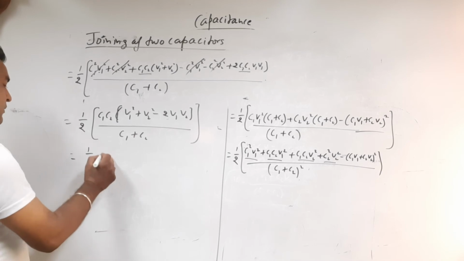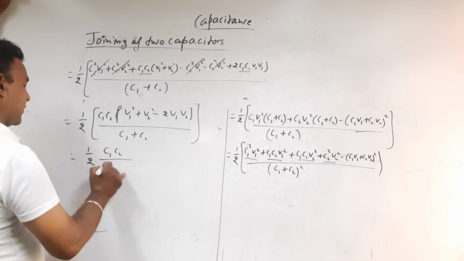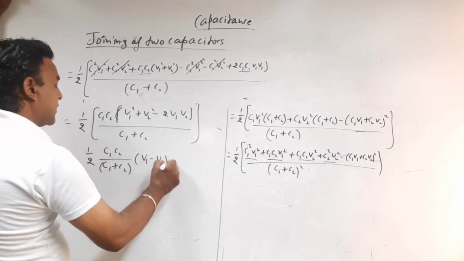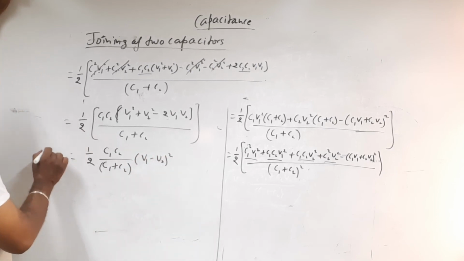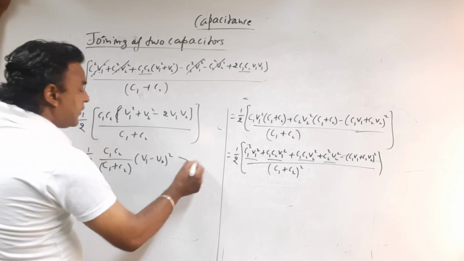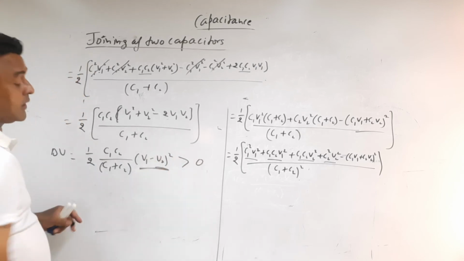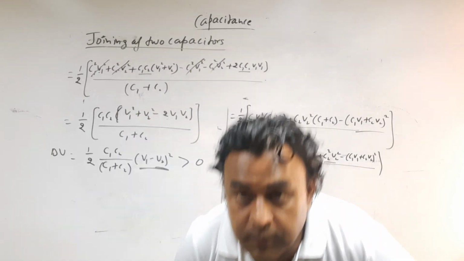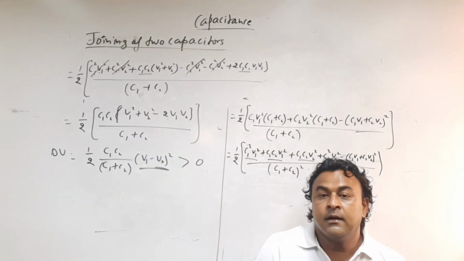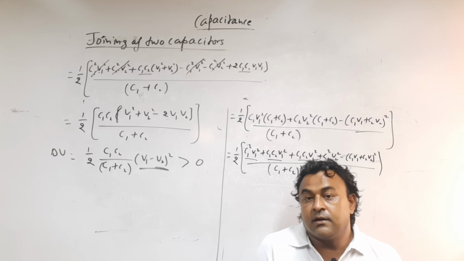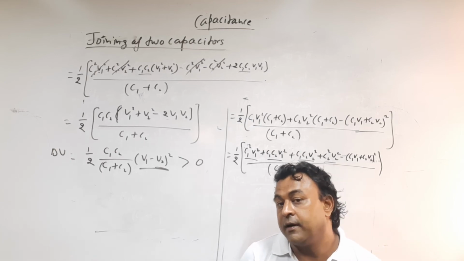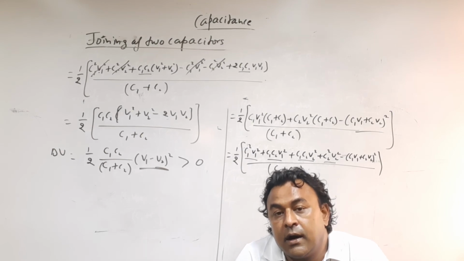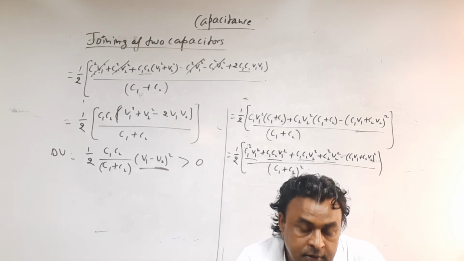And this is 1 by 2 C1 C2 upon C1 plus C2 into V1 minus V2 whole square. This is delta U, which is of course positive, because the square is always positive. It is U initial minus U final. So initial energy is always greater than the final energy. That means there is a loss of energy if you are connecting two capacitors.